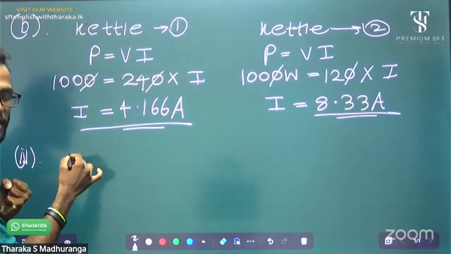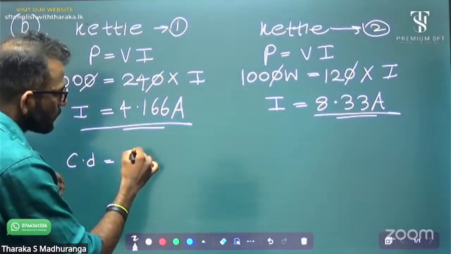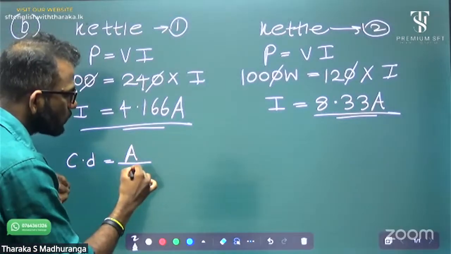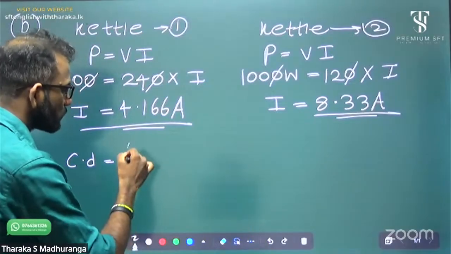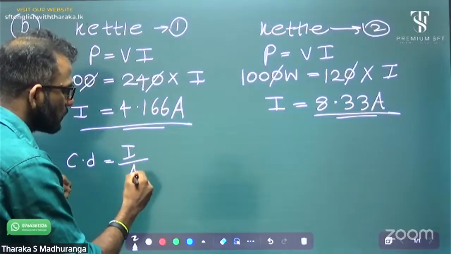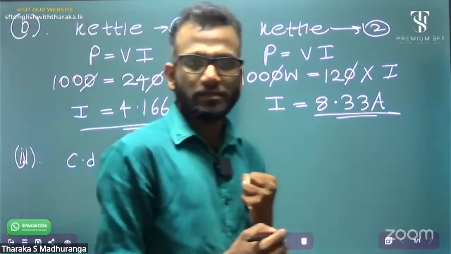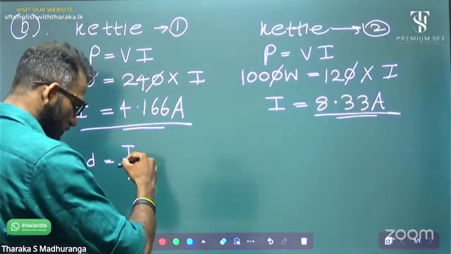What is the meaning of current density? Current density equals the current flowing through a unit cross-section area.